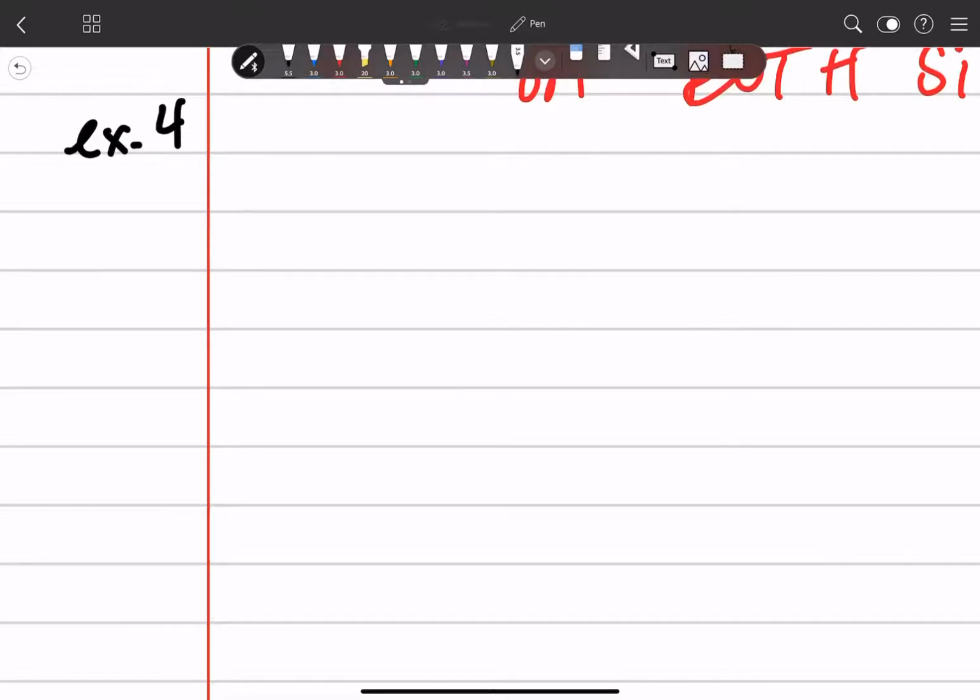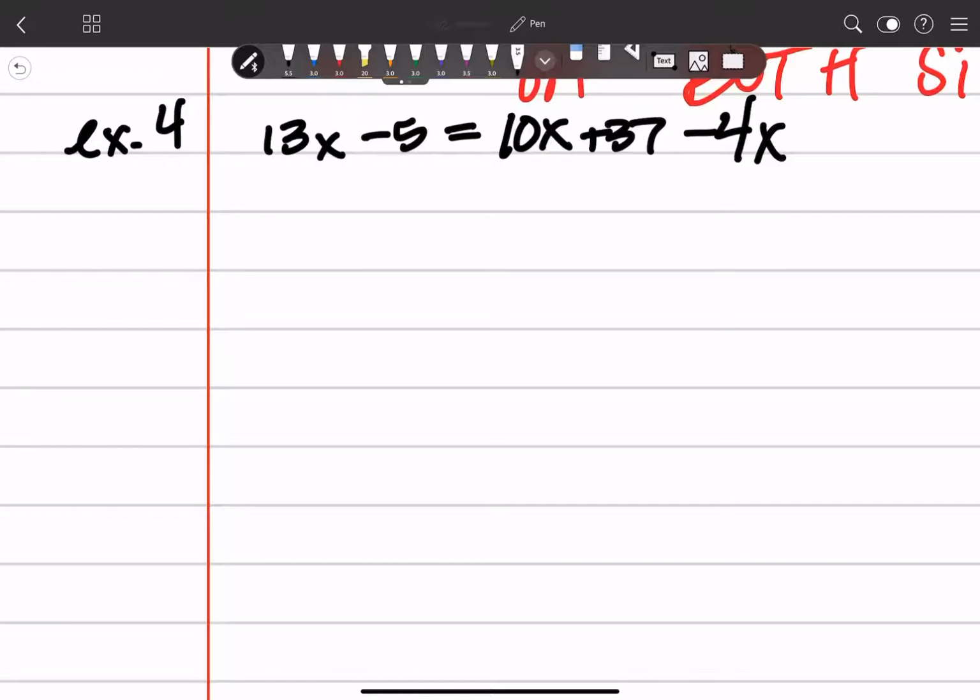Guys, we got this, even if Miss Samji is having the super struggles. So your problem is 13x minus 5 equals 10x plus 37 minus 4x.